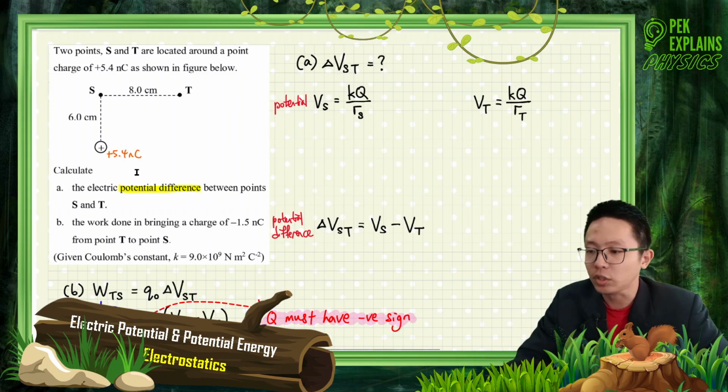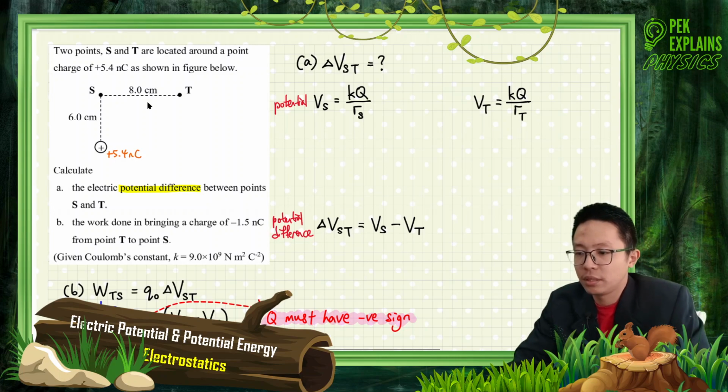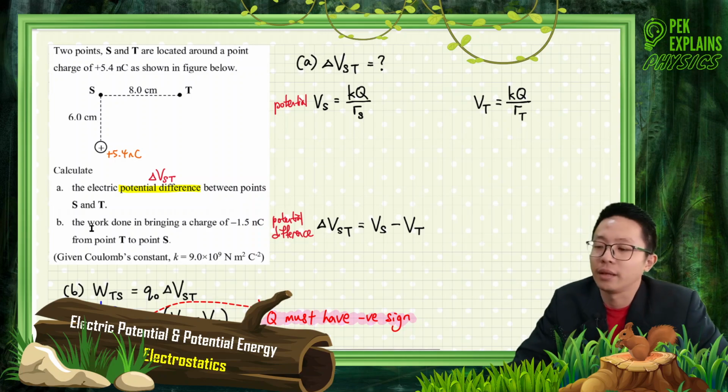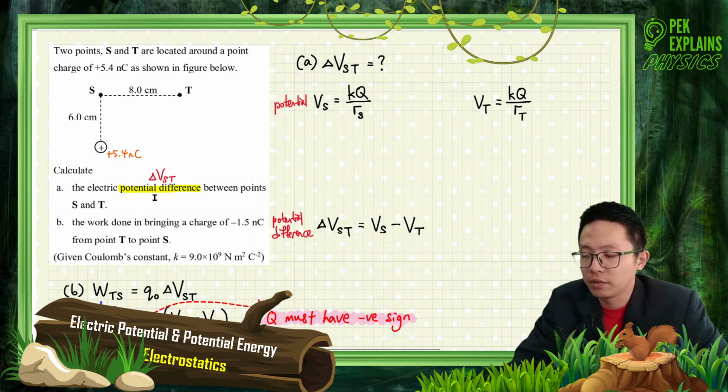So the question asks for potential difference between S and T, which is about delta V. If between S and T, then we put delta VST.